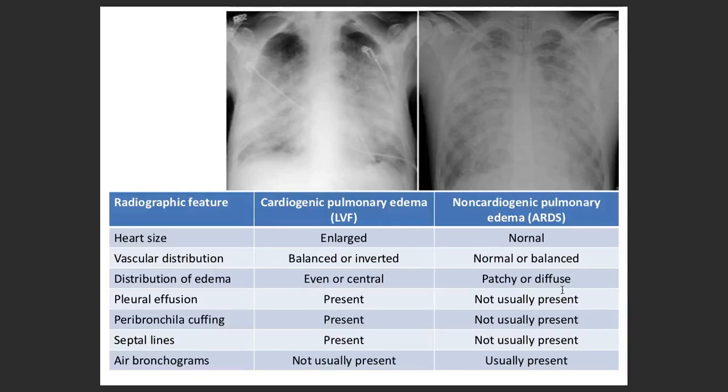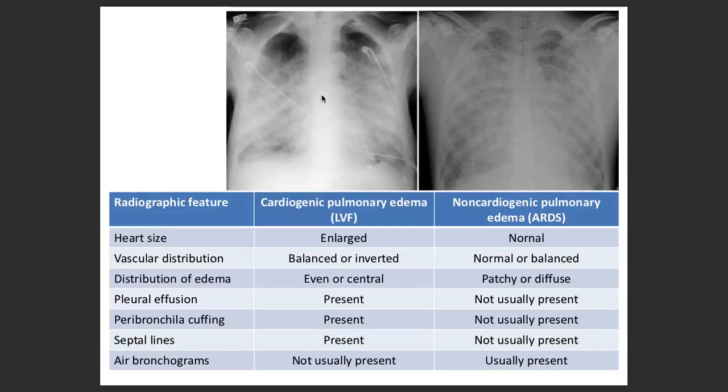For example, if it is a cardiogenic pulmonary edema, of course the heart size is going to be enlarged. However, in ARDS, acute respiratory distress syndrome, in which the main etiology lies in the lungs, the heart size is going to be normal.